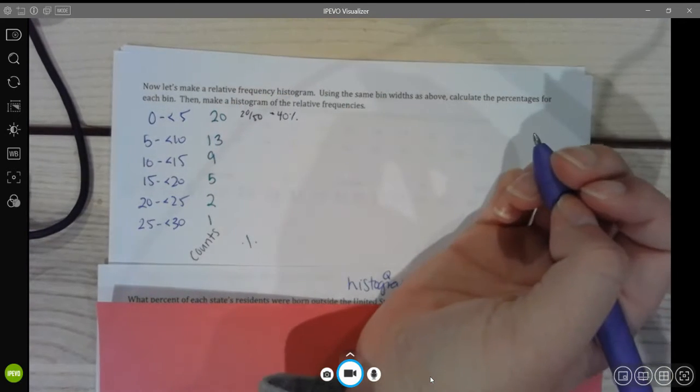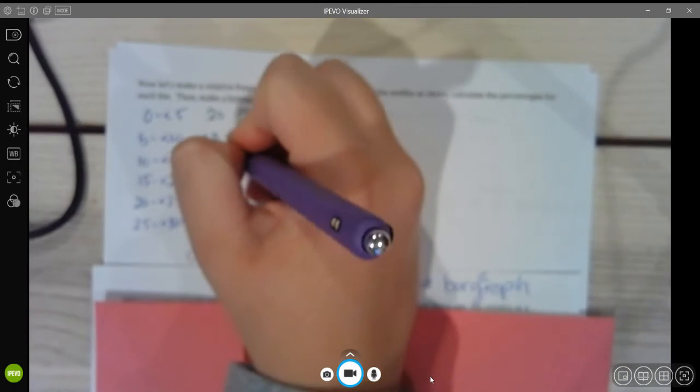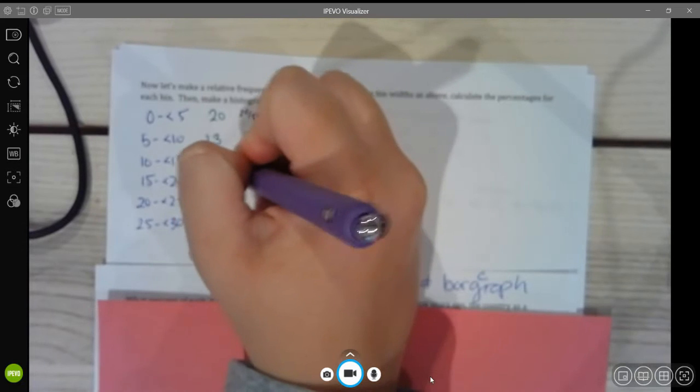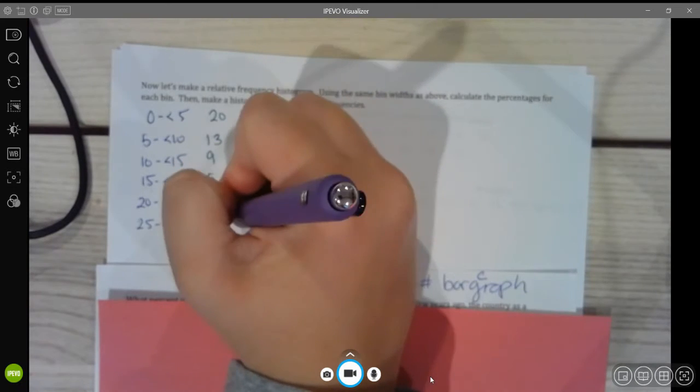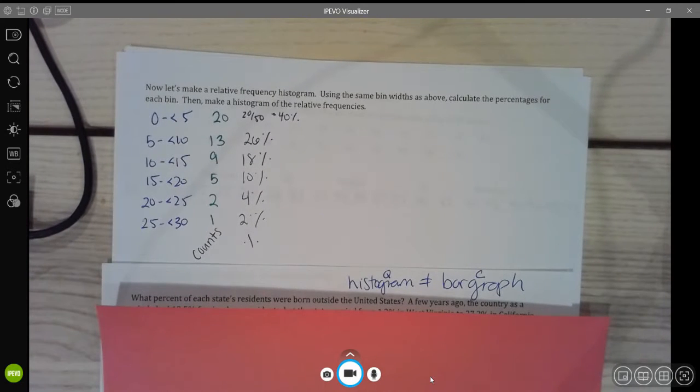Okay, go ahead and fill in the rest of the percents there. Should be pretty easy, right? You just double them. Okay, great. So there's my relative frequencies, my percents, and now we're going to dump those onto a histogram as well. It's still called a histogram, it's just a different type of histogram.